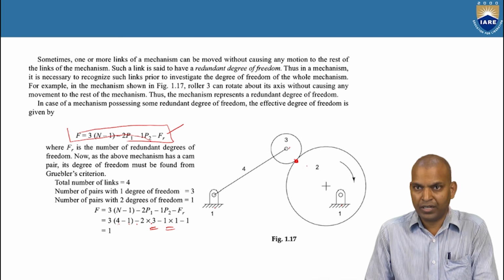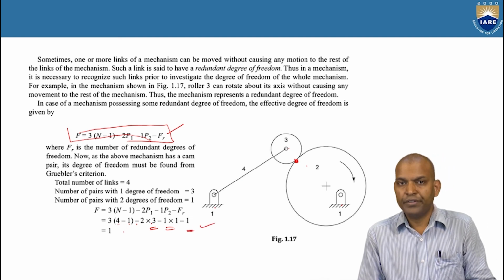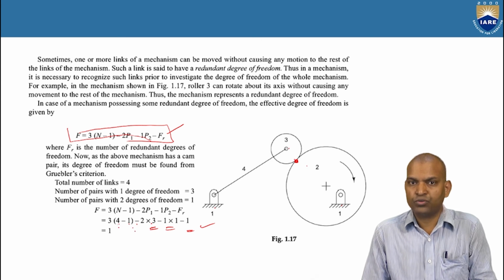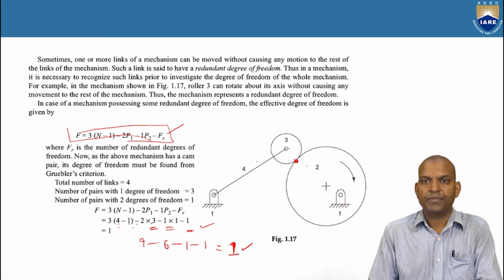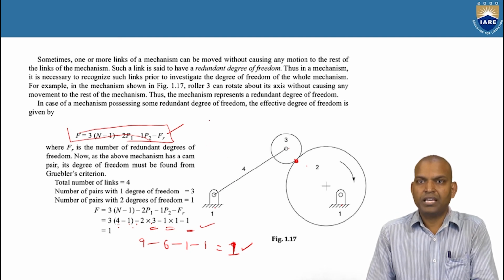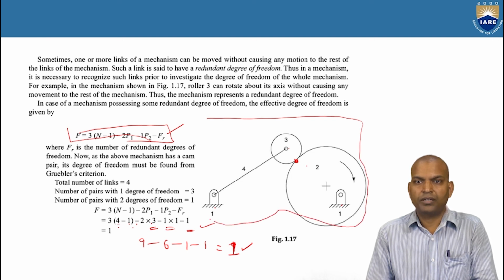The redundant degree of freedom is between 3 and 2, that is 1. If you substitute, 3 into (4 minus 1) is 9, minus 6, minus 1, minus 1. That is a single degree of freedom system. This mechanism is a single degree of freedom system.